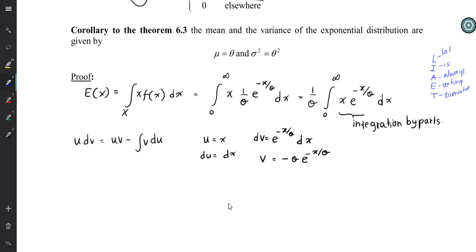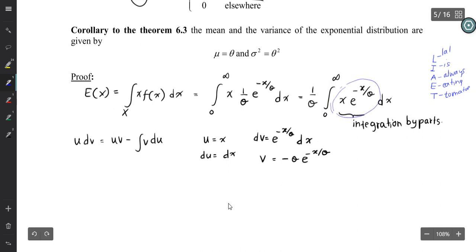What you have to do is look at these functions and try to find whether there are log functions. First you find whether there's a log function. If there's a log function inside your integration, that will be your u.